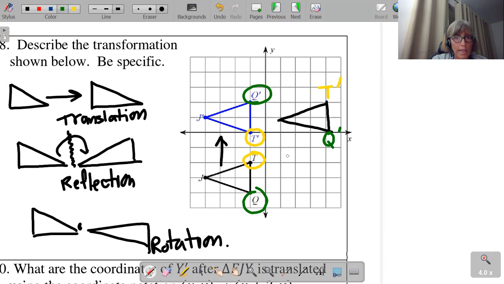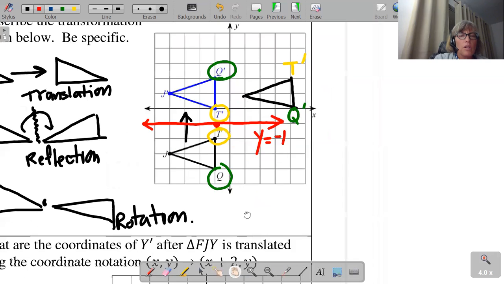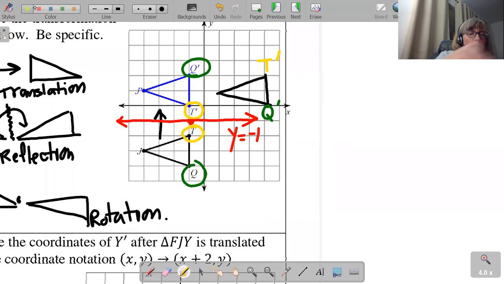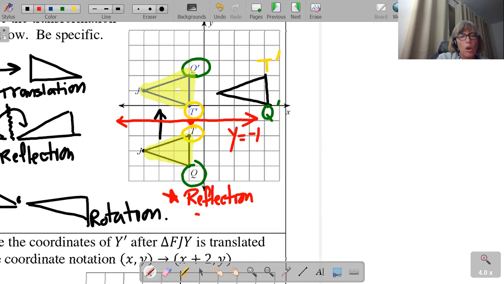So it's not a slide in this case, it's a reflection. If you look very carefully, it is being reflected over that line, which is y equals, we're going to assume the units are 1, y equals -1. So going from the original to the image, that's called the pre-image and the image, the transformation happening is a reflection over the line y equals -1.